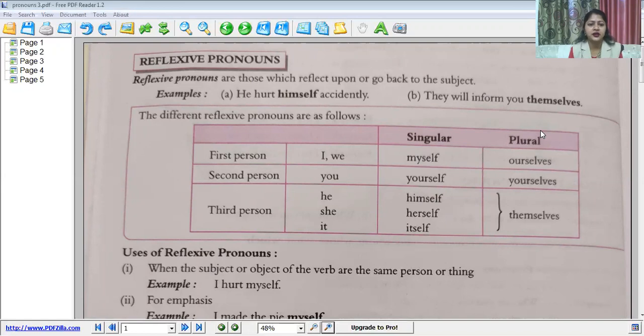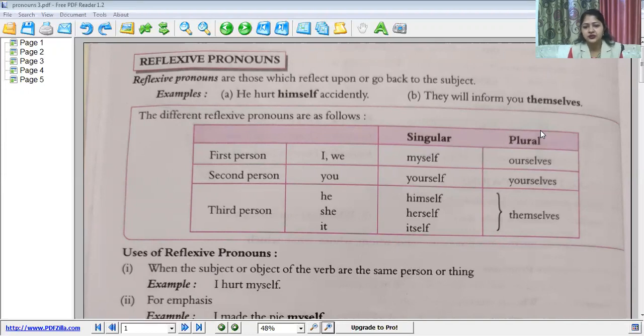Okay, children. Now let's see the different reflexive pronouns as it follows. Okay. The first one is, if we see the singular, I will become myself. Okay, but the I doesn't change. It appears in the sentence. We, what will appear in the sentence as reflexive pronouns with we, ourselves.